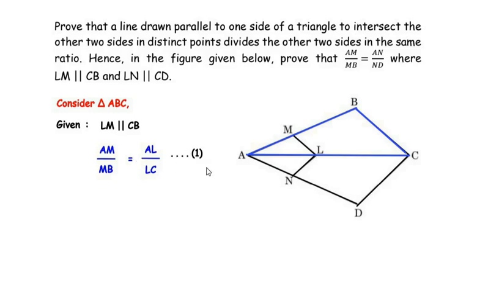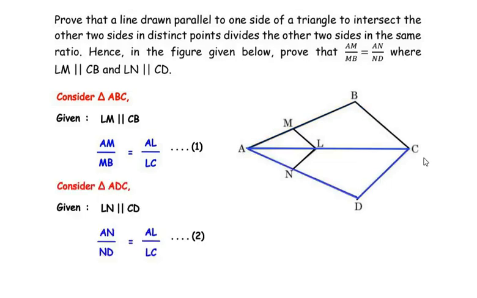Now let us consider the triangle ACD. So consider the triangle ADC, and the line LN is parallel to the line CD. So the line LN is going to divide the sides AC and AD proportionally by using the basic proportionality theorem. So here we get AN over ND is equal to AL over LC. Let us consider this as equation 2.